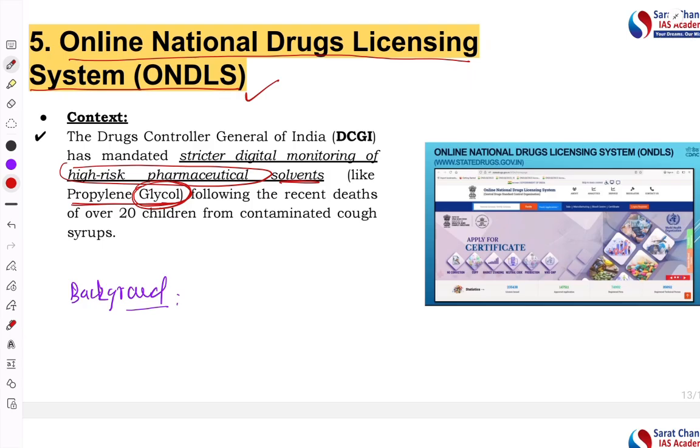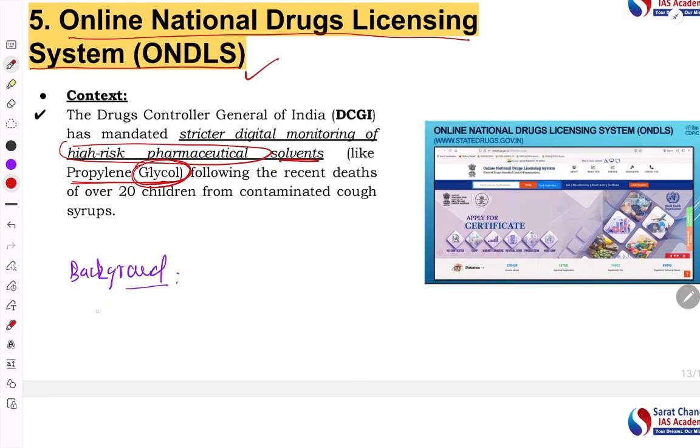Now in this article you have to see a few things which are important. Basically what we are trying to do here is to create one nation, one drug licensing system. This is the initiative.